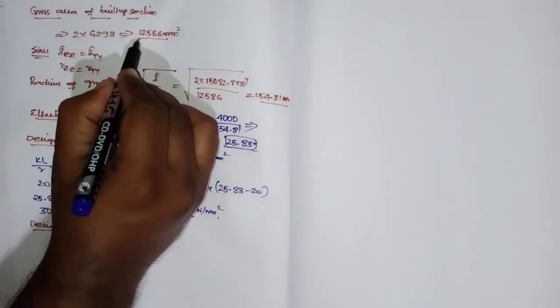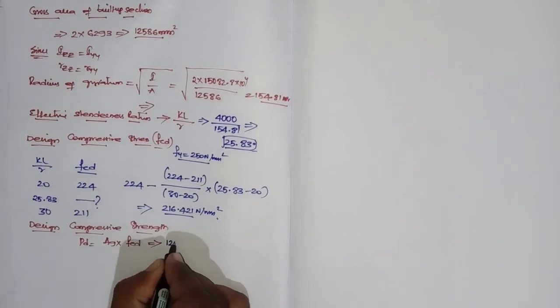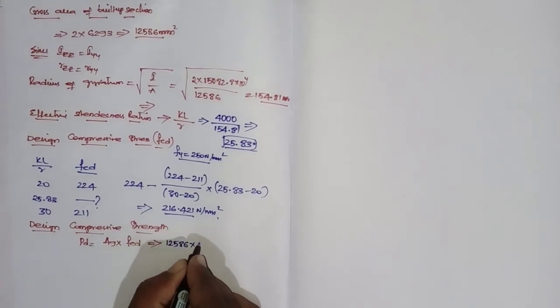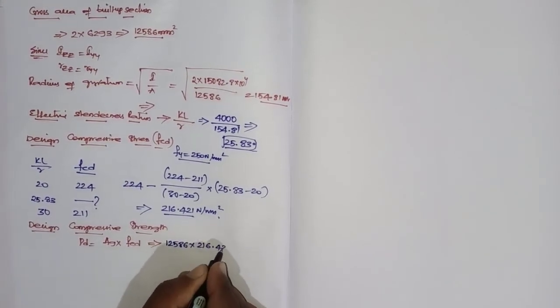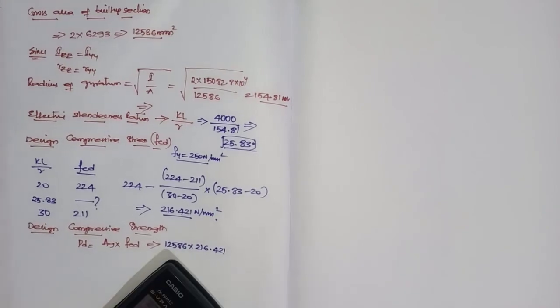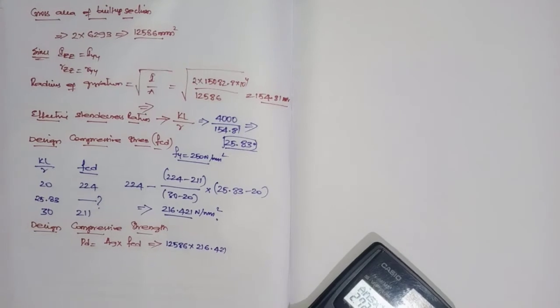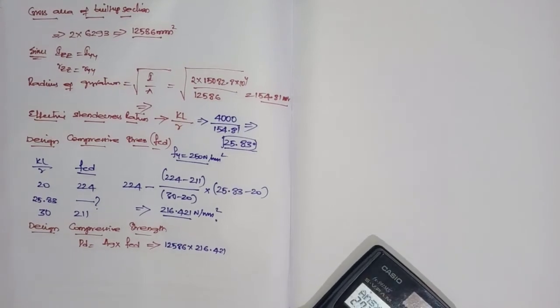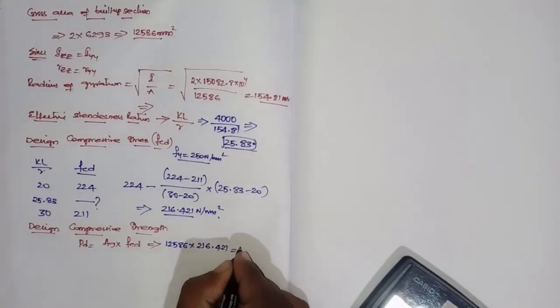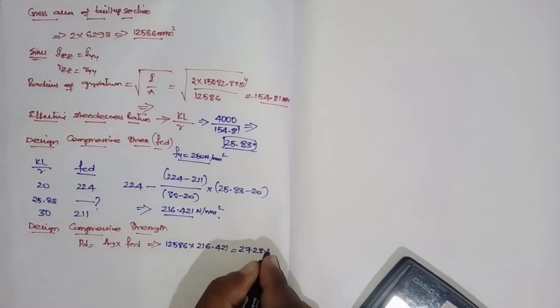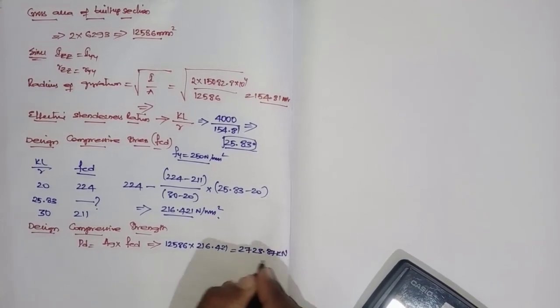The gross area we just calculated, 12586 into 216.42, that is 2723.87 kilonewtons.